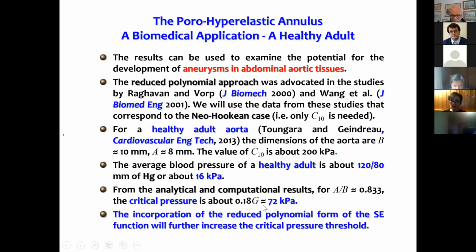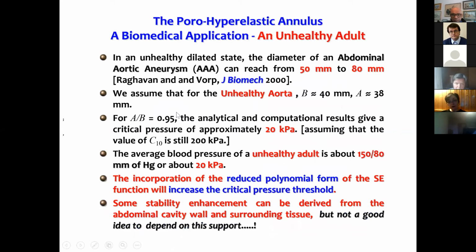So you can do this for an unhealthy aorta. B is about 40 millimeters, A is about 38 millimeters. The blood pressure is about 150/80, or 20 kPa.